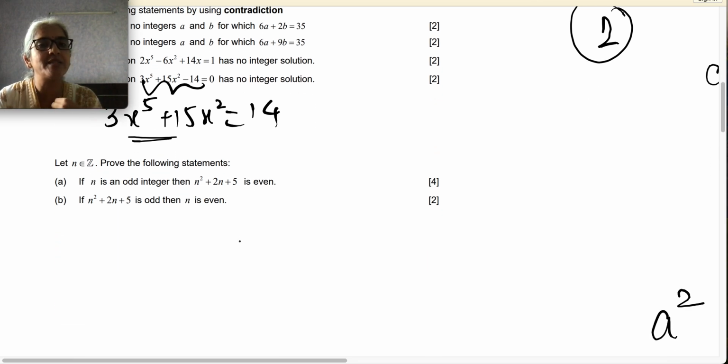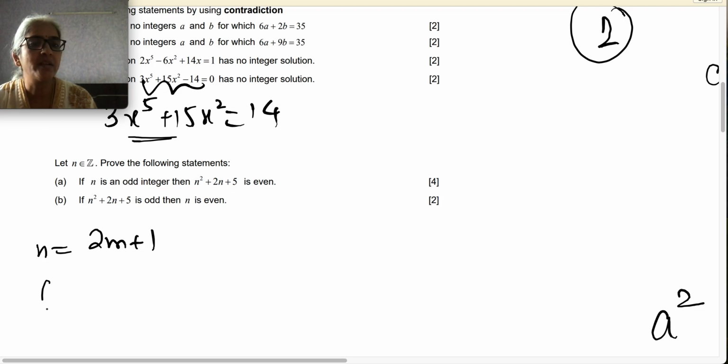Prove the following statements. If n is odd integer, then n square plus 2n plus 5 is even. Let's take any odd integer. So if n is an odd integer, then n can be written in general form as 2m plus 1.